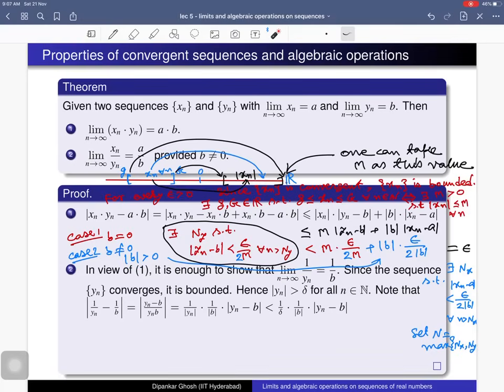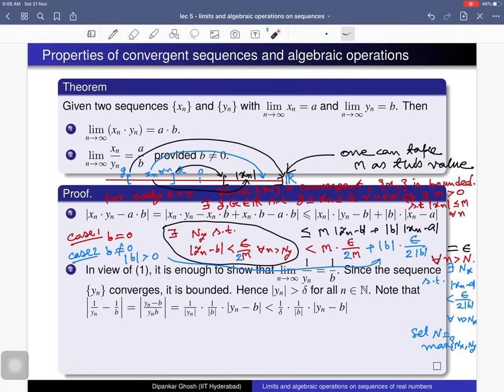Then this quantity is less than this, and this quantity is less than this. So all together we are getting epsilon by 2 plus epsilon by 2, which gives epsilon. So we can see that this distance is less than epsilon for all n beyond this natural number n.